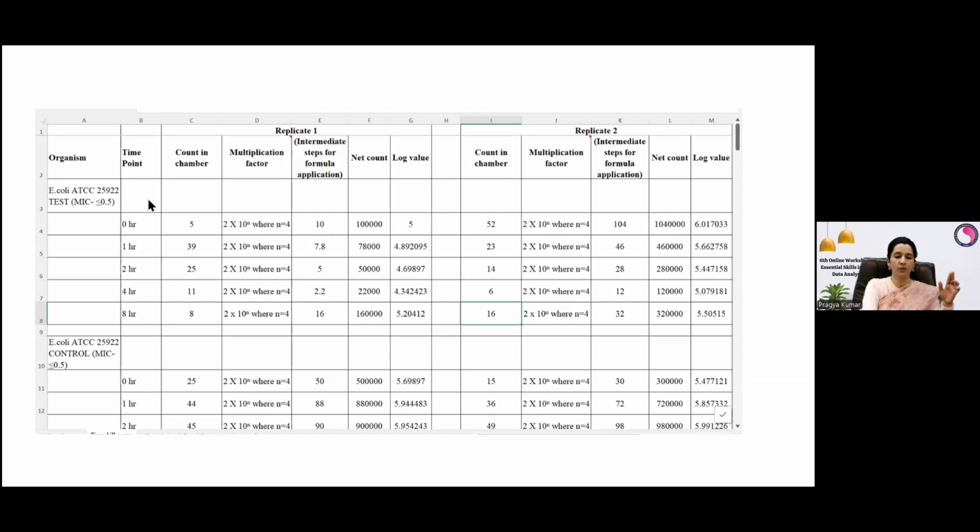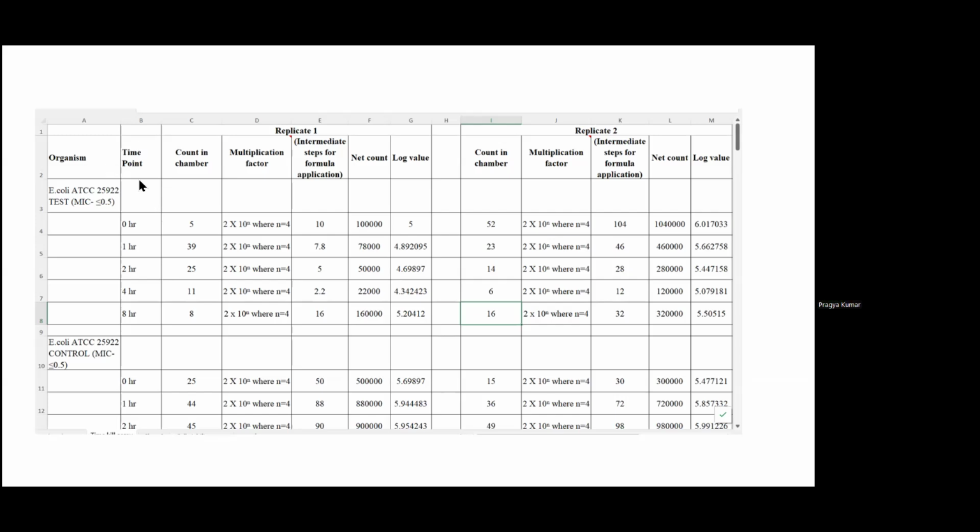And similarly, species could have been written, species could be another variable. Like, can you see E. coli ATCC 25922? Control where the MIC is 0.5 and this thing. That should have been one variable, whether MIC on the concentration of MIC, right?